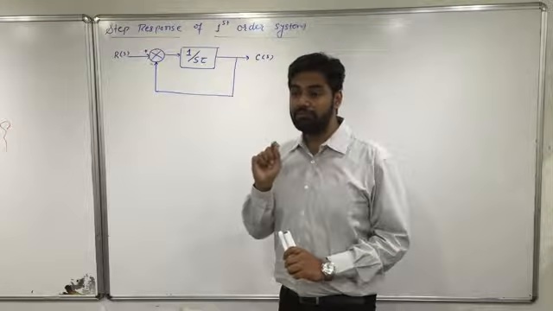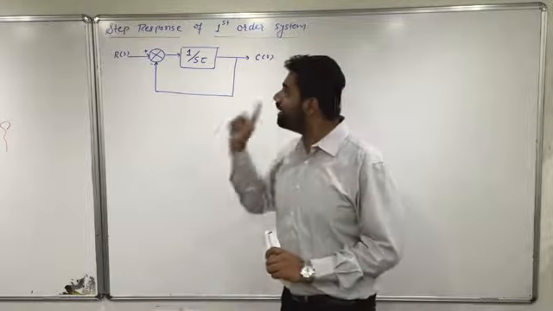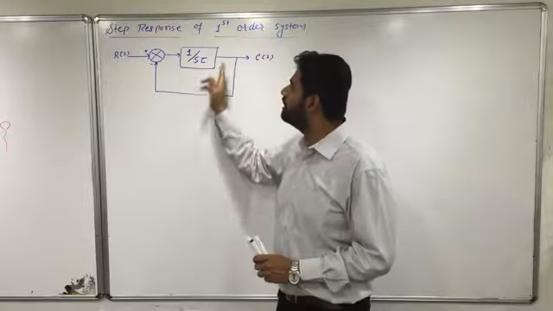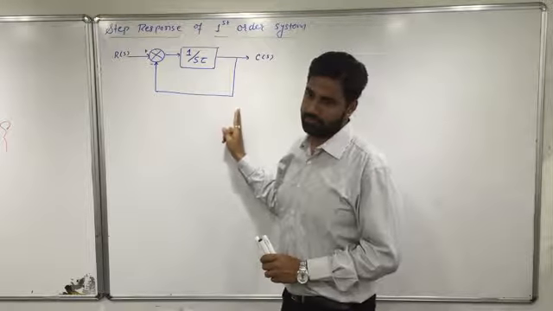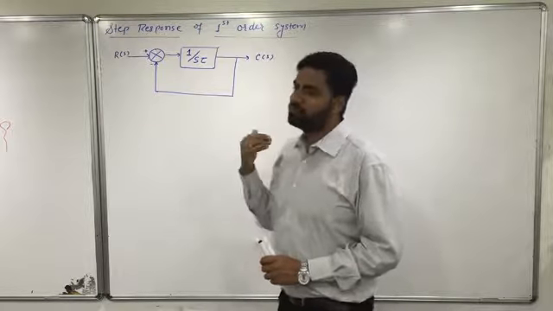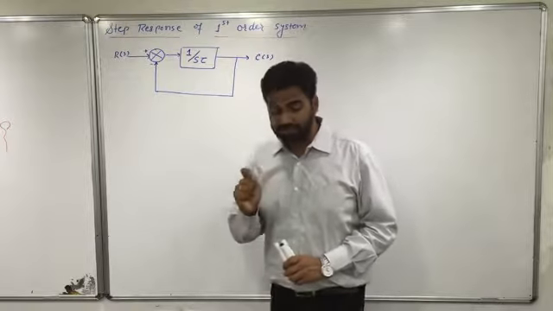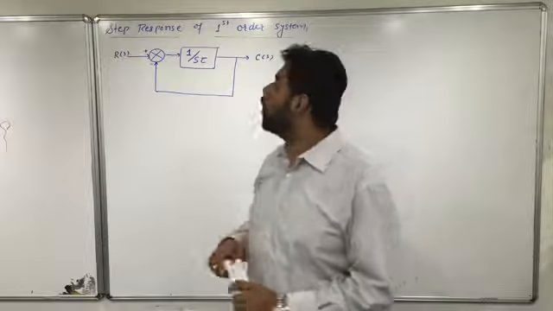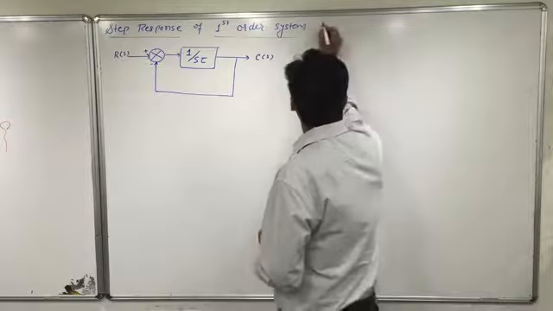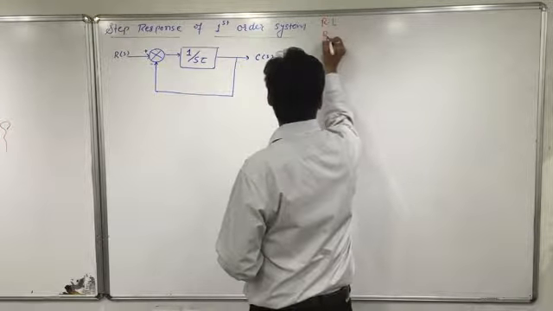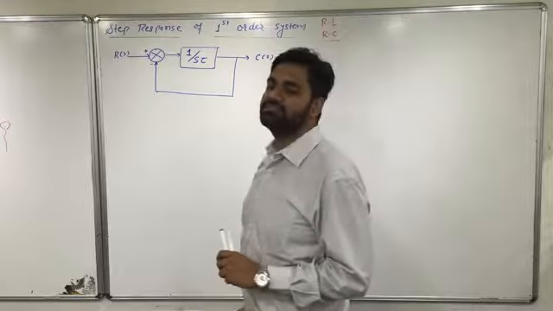Mark my words right now. We are learning in general the first order system. Sir, what exactly do you want to convey? I want to convey that if I am talking specifically about an electrical system, then my RL circuit and my RC circuit are first order systems.